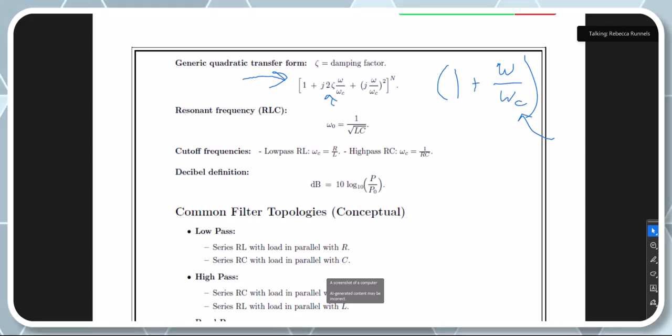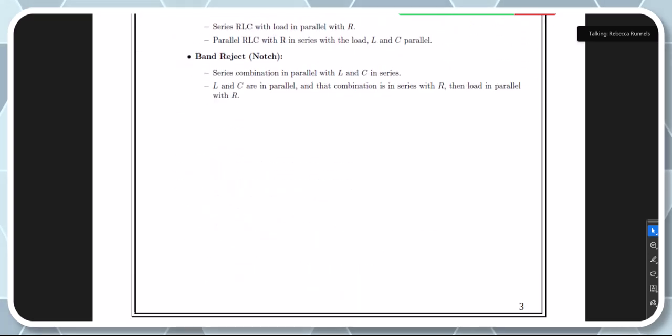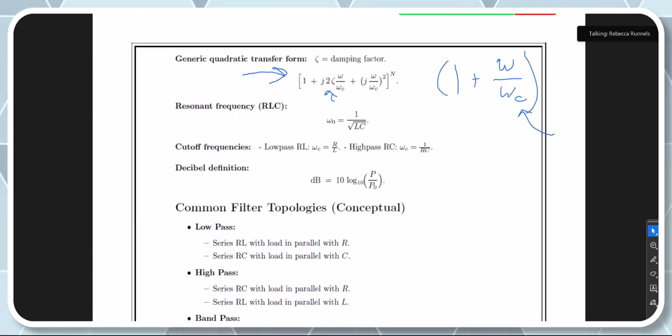So if I had, for instance, the following quadratic, so let me see if I can get one.